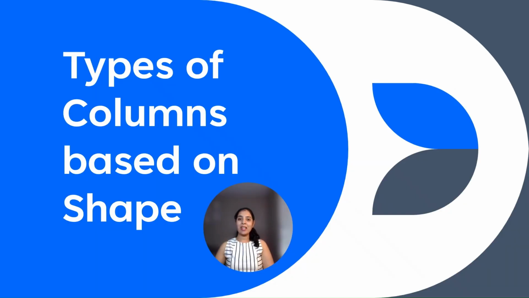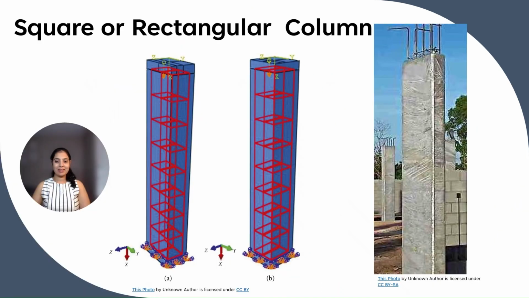Next, we will learn about types of columns based on shape. The first type of column is square or rectangular. Here in this picture, you can see this is a rectangular column with reinforcement and this is a square column. This is the picture.